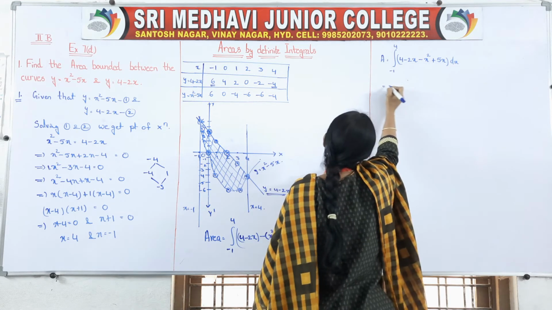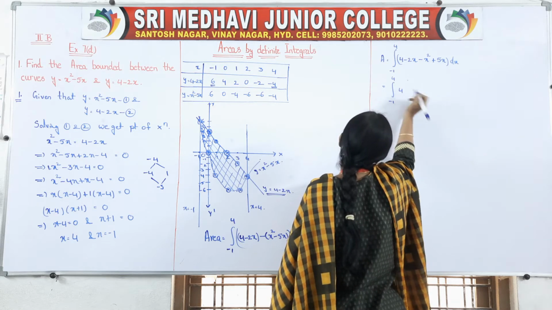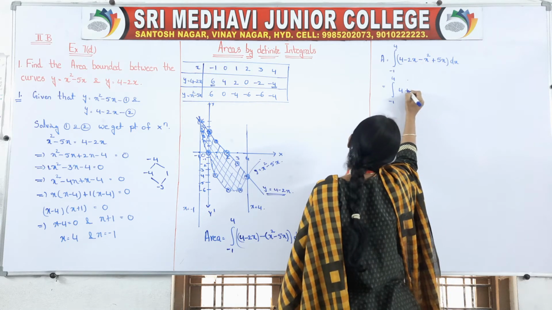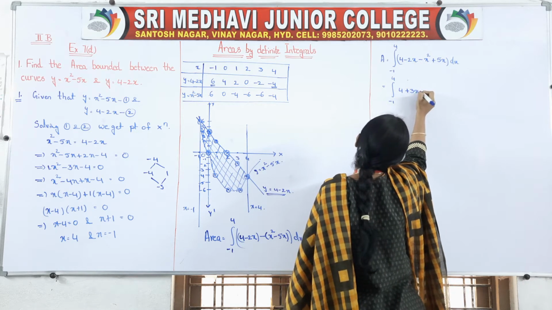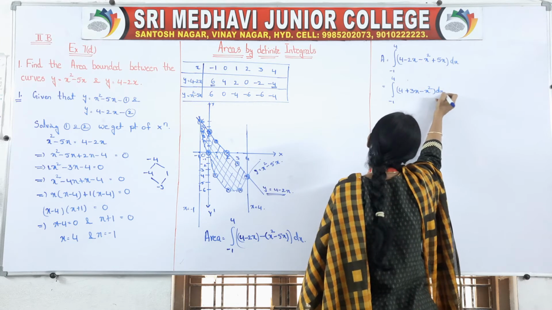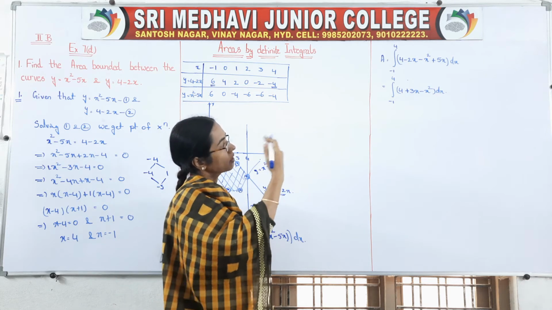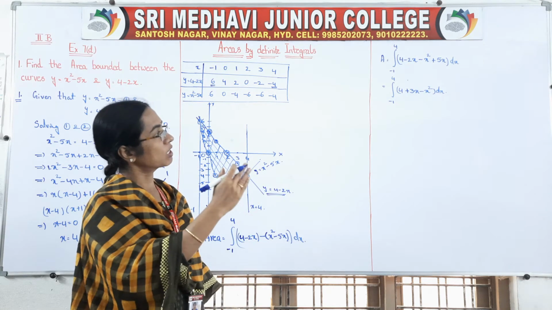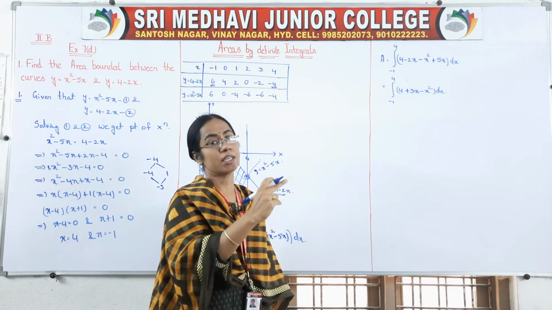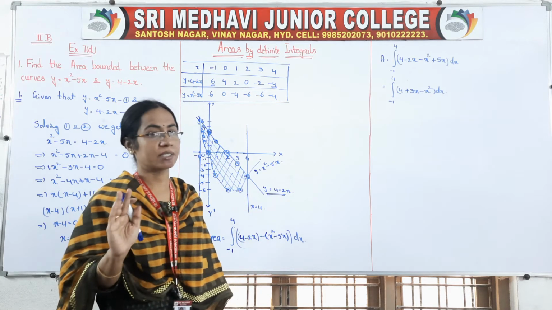Okay, so is equal to integral minus 1 to 4, right, 4, come on, minus 2x plus 5x, that is 3x minus x square into dx. So now normal definite integral problem, just integrate it, and in the function first substitute the upper limit 4, next minus, in the function you substitute your lower limit minus 1.